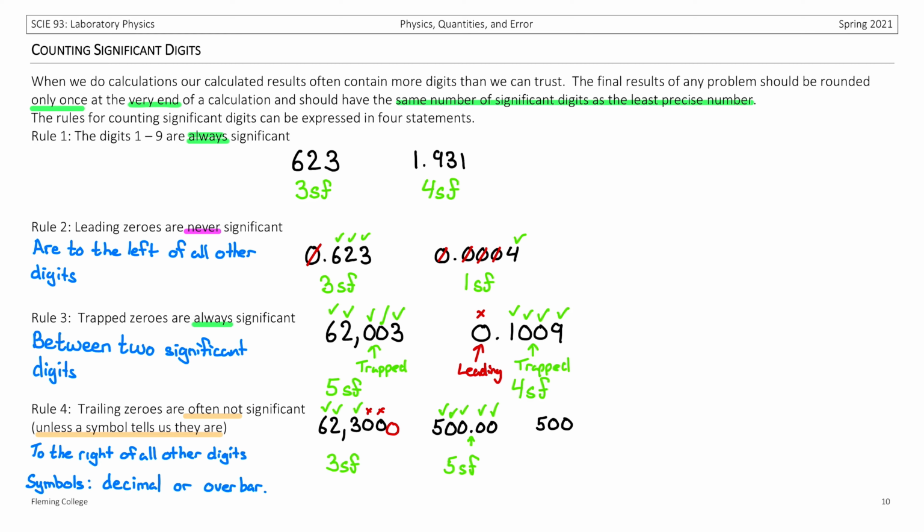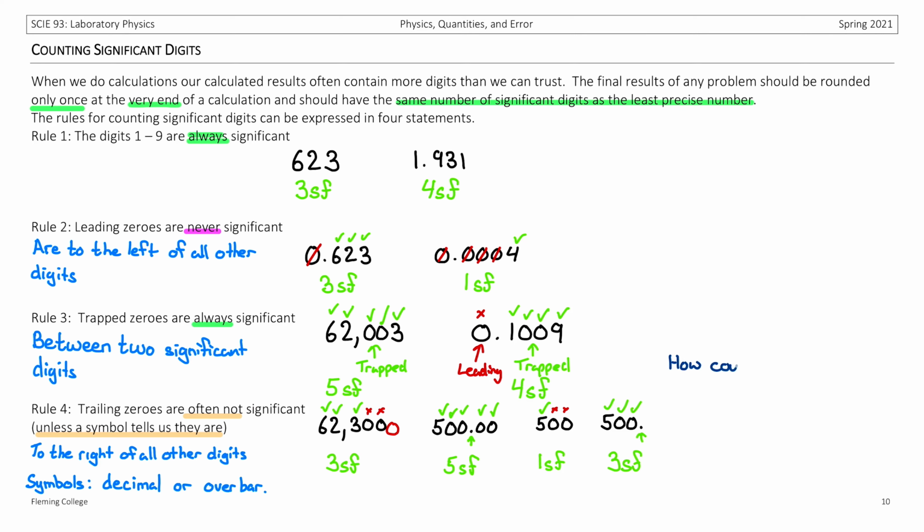The 2 zeros are to the right of it, which means they are trailing. Again, we see no decimal place, so these are non-significant zeros, which means we only have 1 significant figure. What about 500 with a decimal place? Well, in that case, the decimal place makes the zeros to the right trailing zeros that are significant, and we have 3 significant figures.